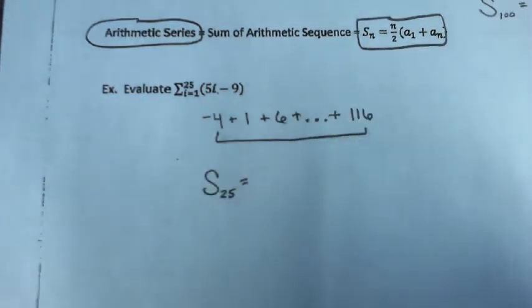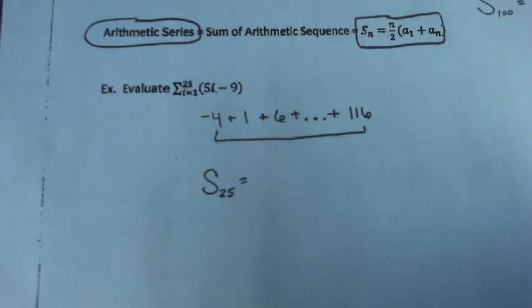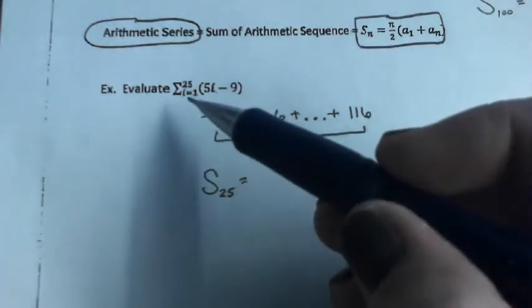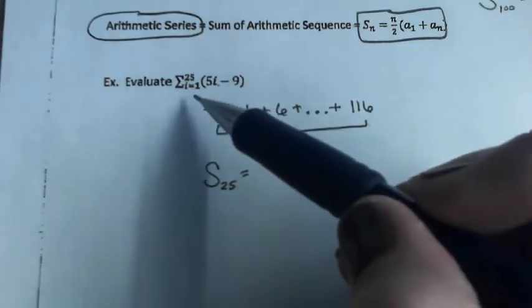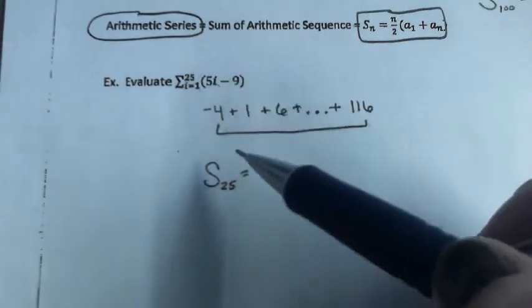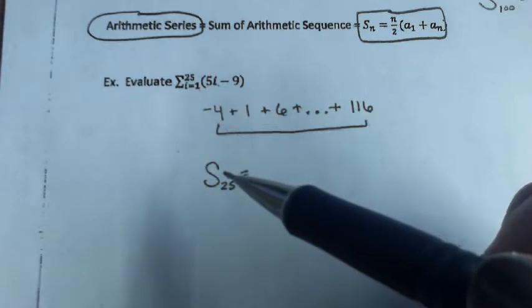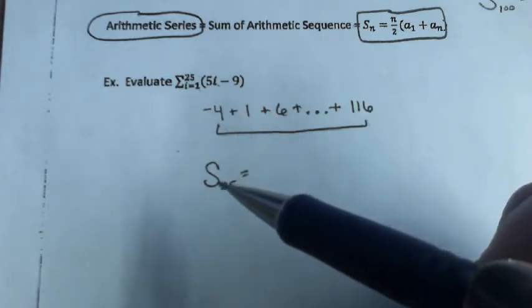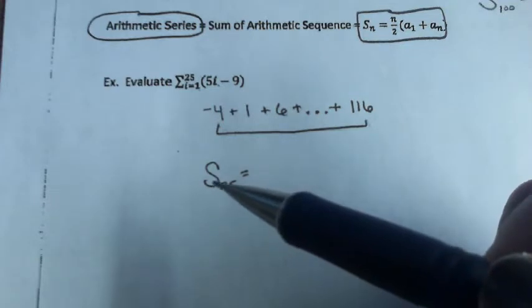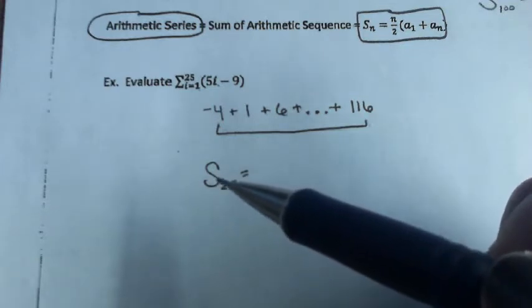And how many pairs am I going to have? If you have 25 terms, well, this is also tricky. Do you realize that from 1 to 25, that's actually 25 terms? From the first term through the 25th term, you have 25 terms, right?